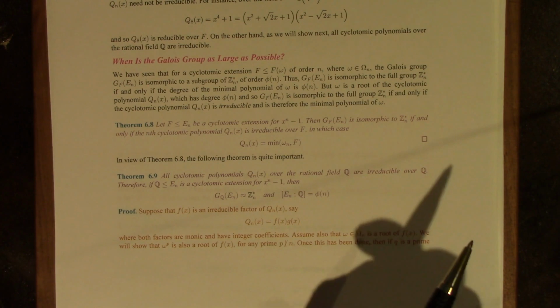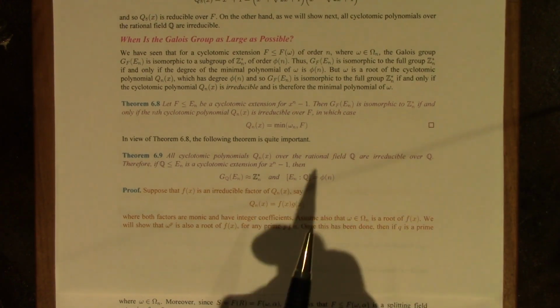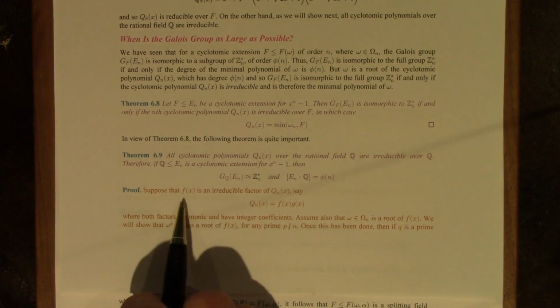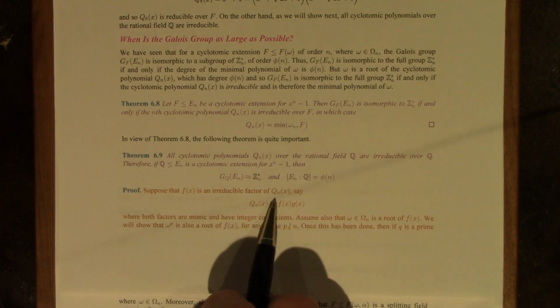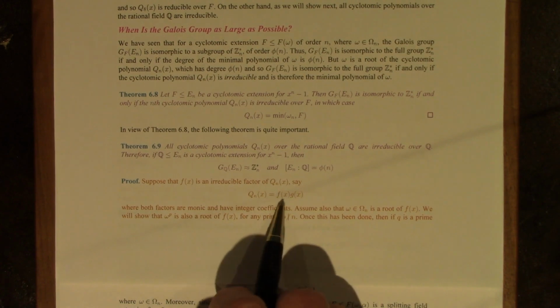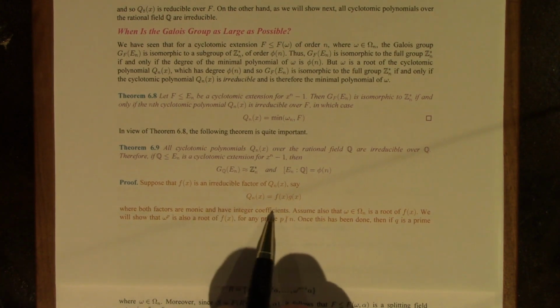And here's the proof. It's a very interesting proof. Not something you might think of right off, or even a little later than right off. Suppose that f of x is an irreducible factor of Qn of x. So Qn of x is f of x, g of x, and both factors are monic with integer coefficients.